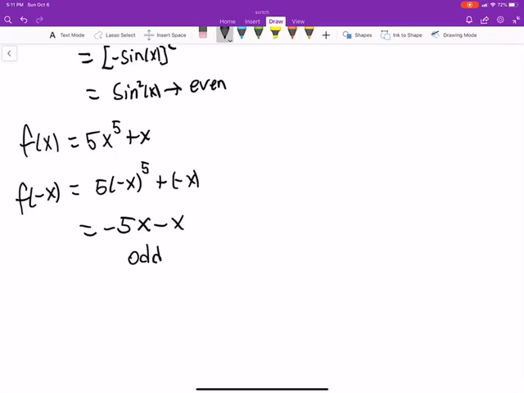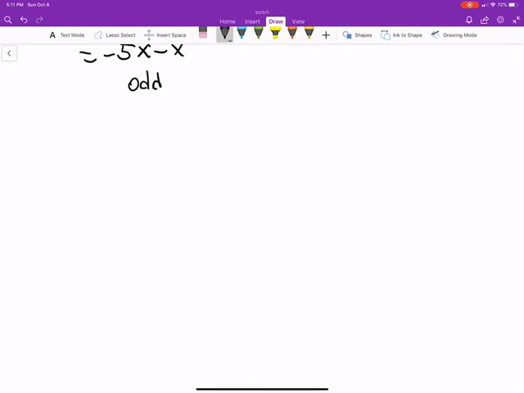Okay, and think of it like this: if we had a negative y here and we divided by -1, we would get back to the function we had. So that one's odd. The reason why that's important is because if you have the integral from the negative limit to the positive limit of f of x dx, and we know that this is an odd function, this is just 0.